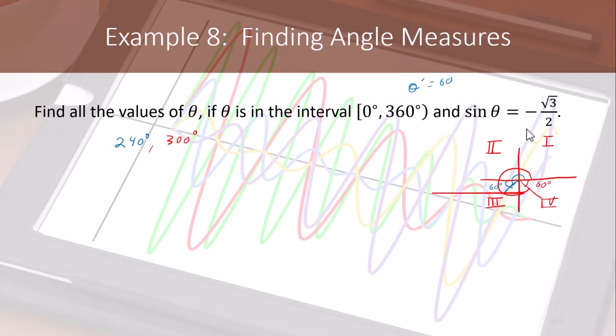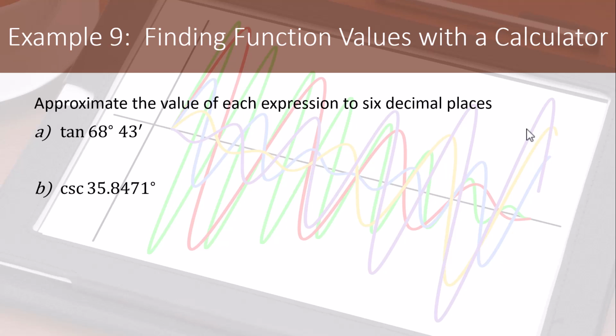Now our next problem is going to be to find the tangent of an angle in degrees, minutes, and seconds, and then the cosecant of an angle in decimal degrees. The tangent is relatively straightforward. The only thing that we need to do is convert this to decimal degrees before we can actually put this into our calculator.